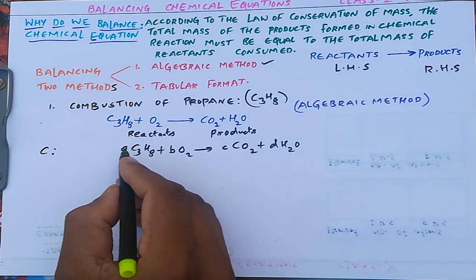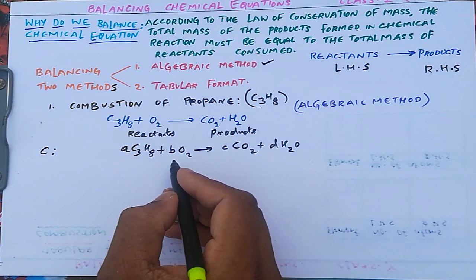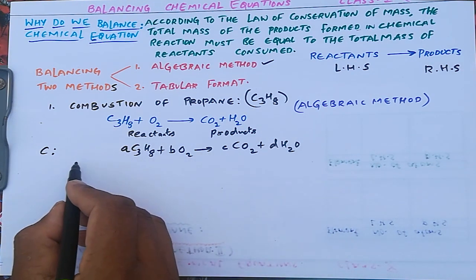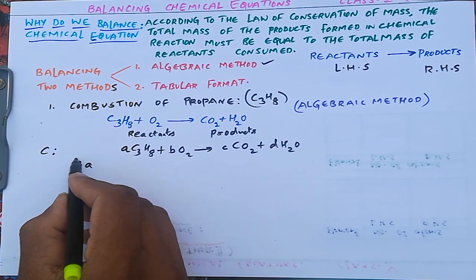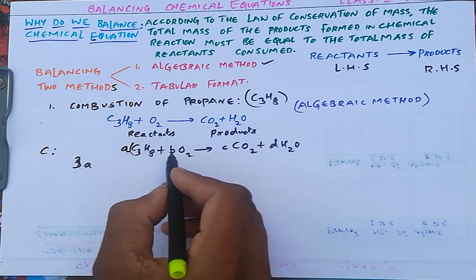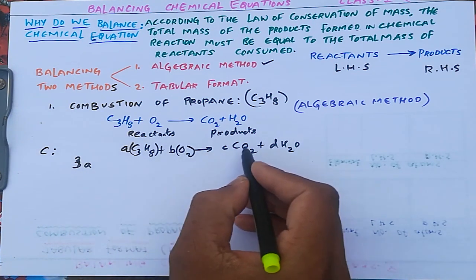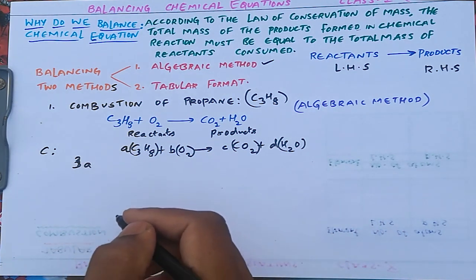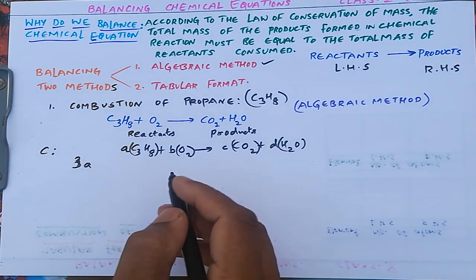For carbon, on the LHS, that is the reactant side, we have 3 moles of carbon. So I will write 3A, that is 3 into A, taking the coefficient. A, B, C, D are the coefficients, to find out the number of moles for each molecule.